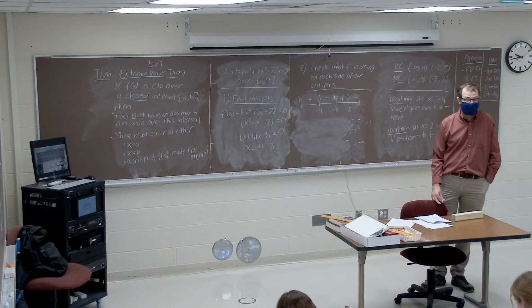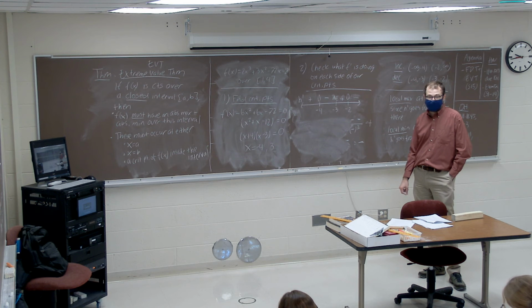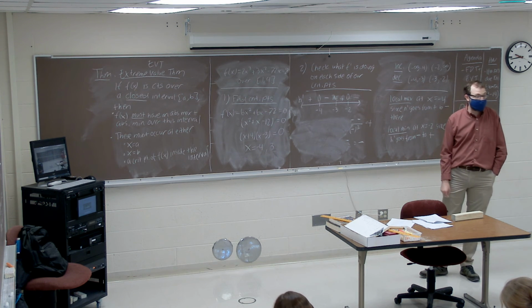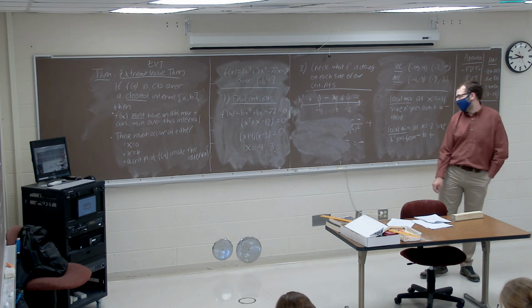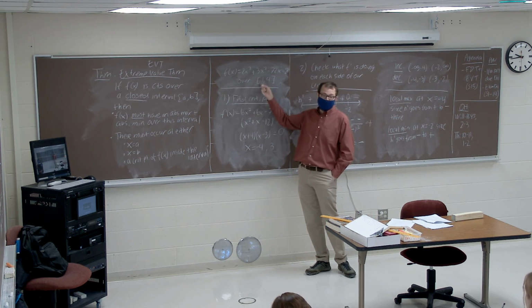Mackenzie? The interval is 1 through 4, so we know x equals 3. For my follow-up question, which of these critical points can we automatically throw away? Mackenzie has already answered that: x equals negative 4 is not in the interval that we care about.